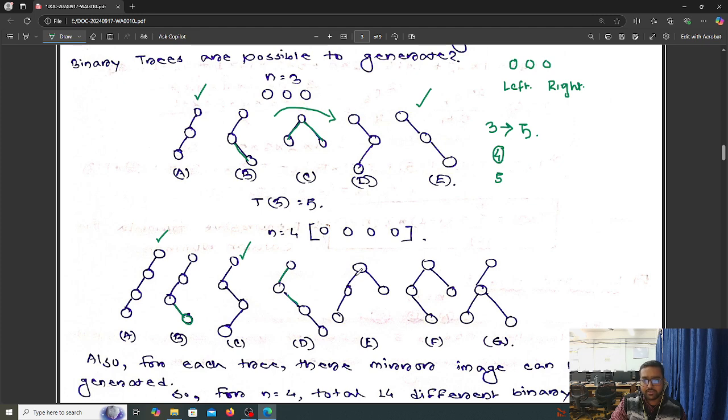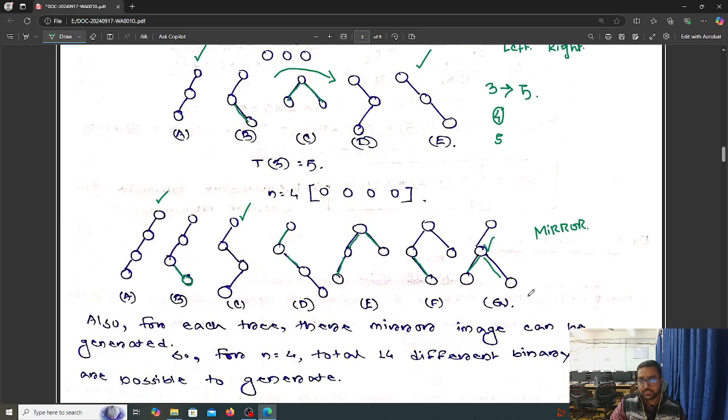Also we can take left and right children and then the left of the left child, or the left of the right child also. Or what if we just take the left and right children of the left child of the root? That is possible. Is there another way possible? If you see, we can just make all the mirror images of the images given here. So here we are having 7 images.